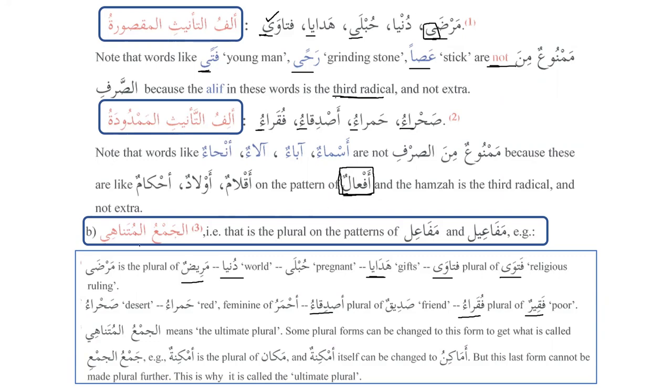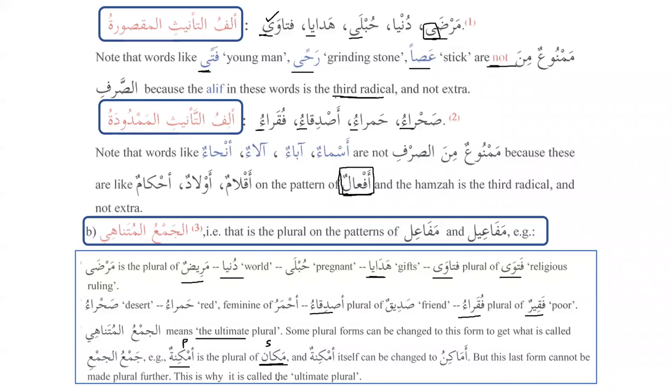Number two, al-jam'ul mutanahi. That is the plural on the patterns of mafa'ilu and mafa'ilu. What is basically jam'ul mutanahi? It means the ultimate plural. What does that mean? Some plural forms can be changed to this form to get what is called jam'ul jam'i. For example, amkinatun is the plural of makanun. So makanun is singular and the plural is amkinatun.